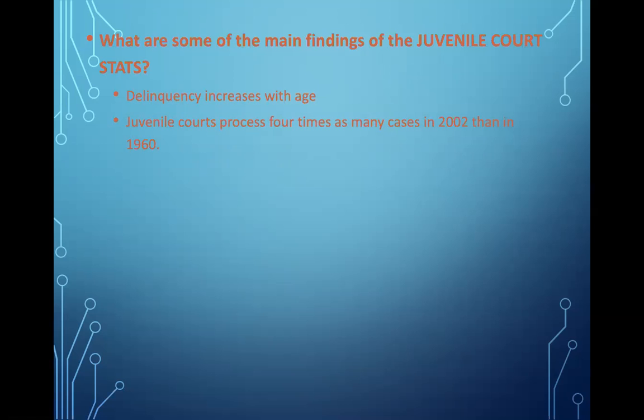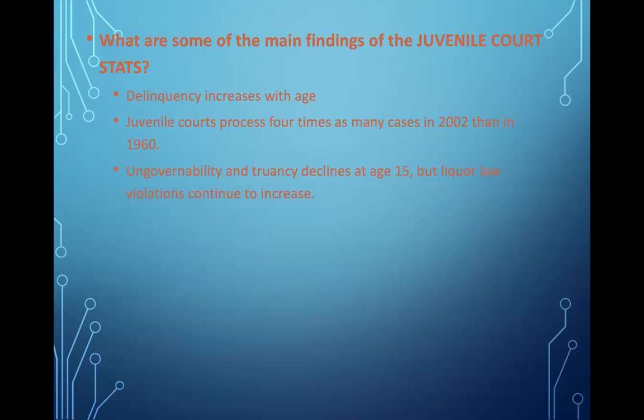Juvenile courts processed 4 times as many cases in 2002 than in 1960. So it looks like juveniles were definitely engaged in more crime in the millennium than they were in 1960.